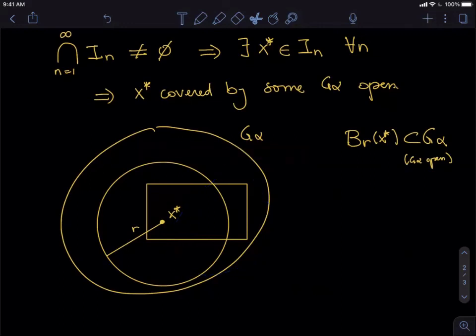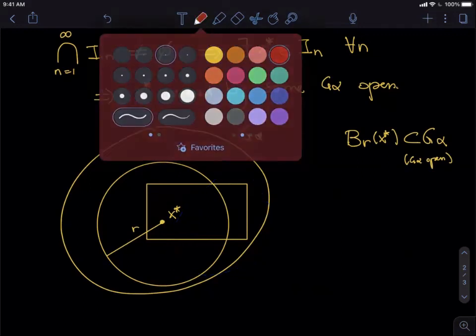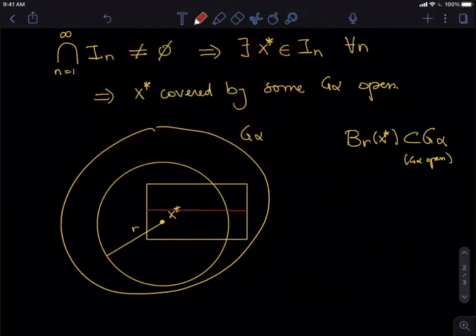But the truth is, as I keep subdividing, what is going to happen? I'm going to reach some critical size. And from there on, the cells are always going to be contained in my ball B_R of X star.